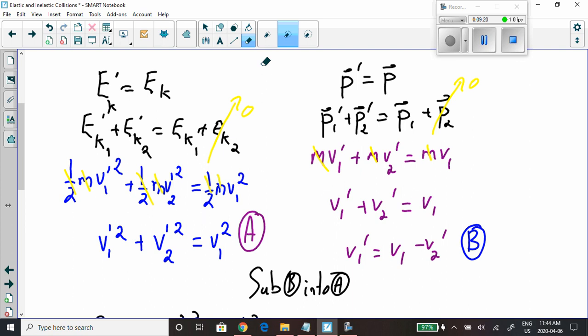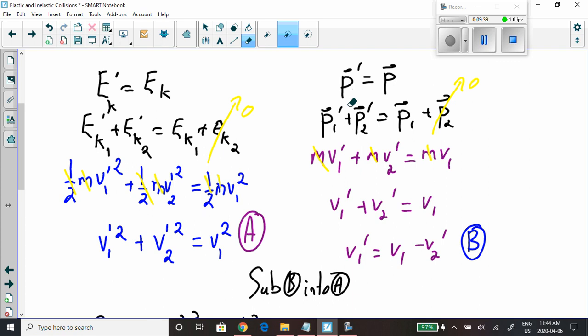Now let's go over to here, where we're taking advantage of the fact that in an elastic collision, momentum is also conserved. So we have P prime, momentum after the collision, is equal to P, momentum before the collision. Well, P prime has to equal the total momentum after the collision.